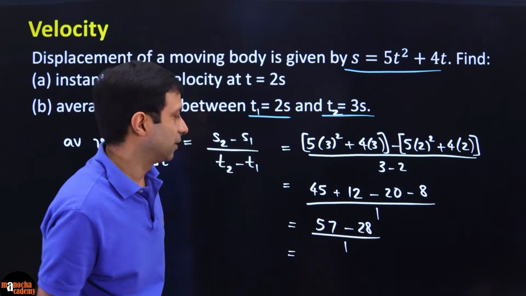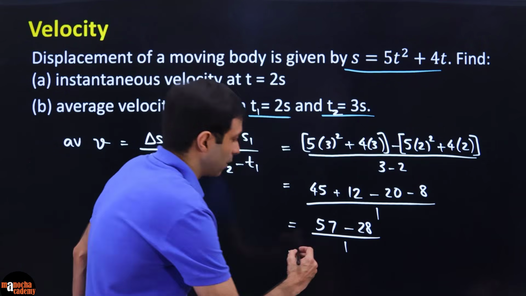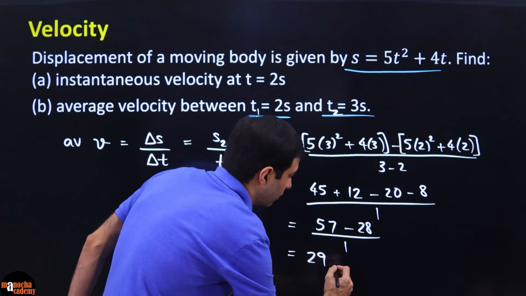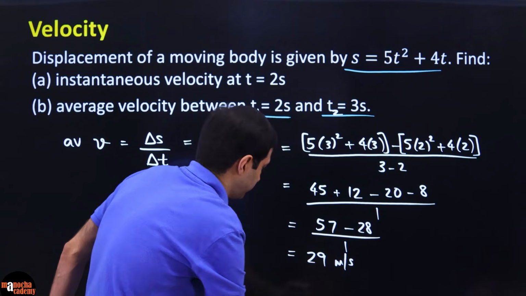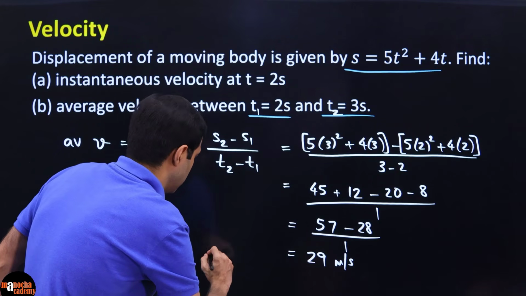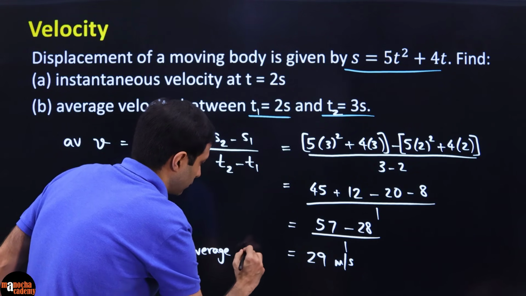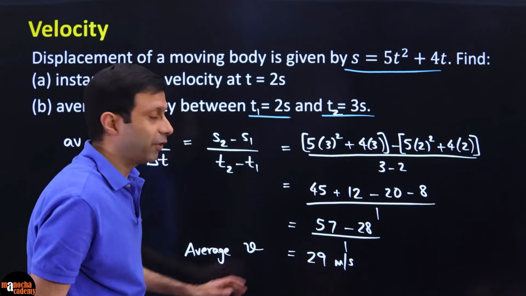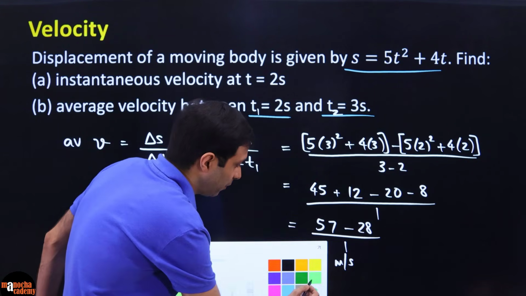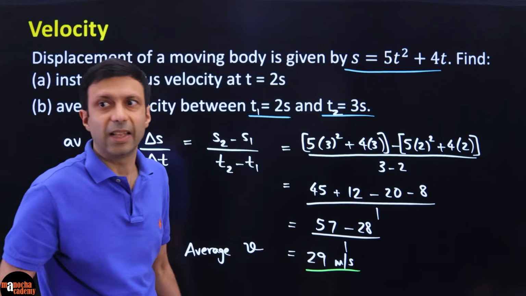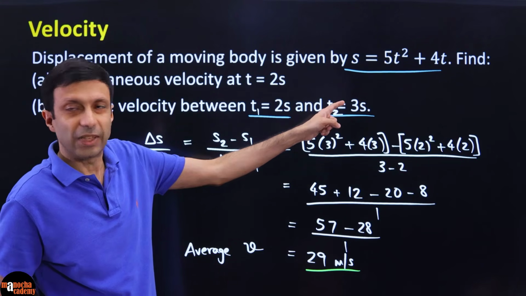So the answer is 29 meters per second. This is our average velocity. Average velocity 29 meters per second, and that is from the time 2 to 3 seconds.